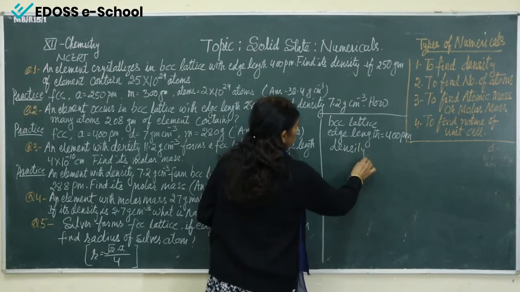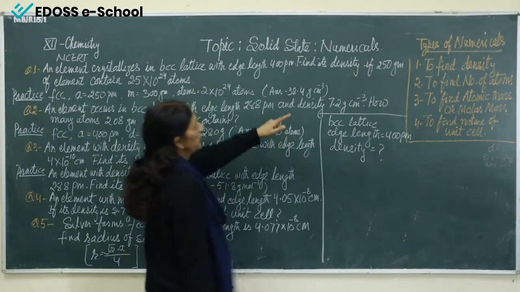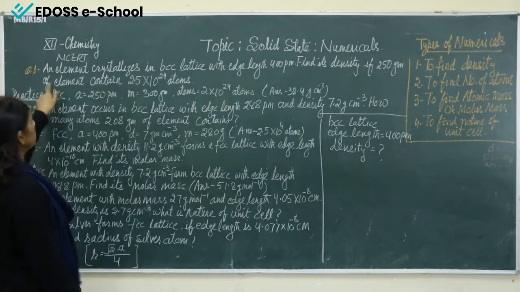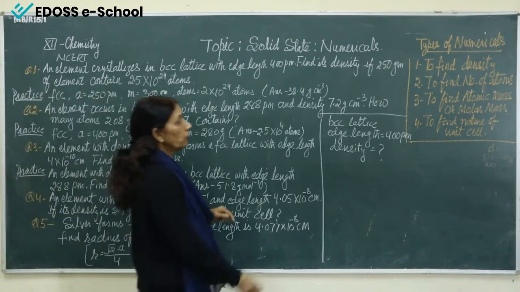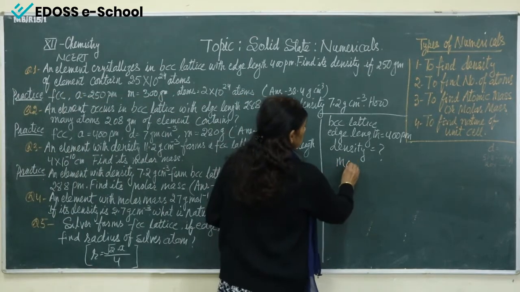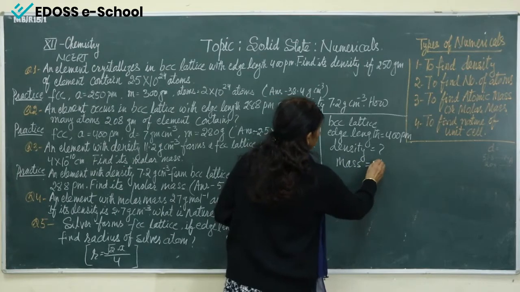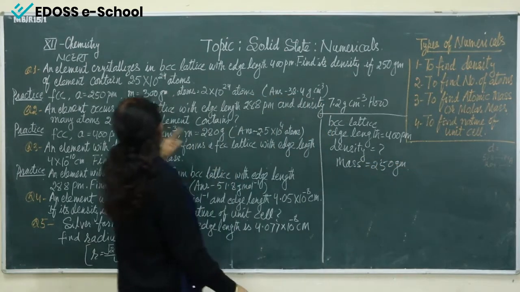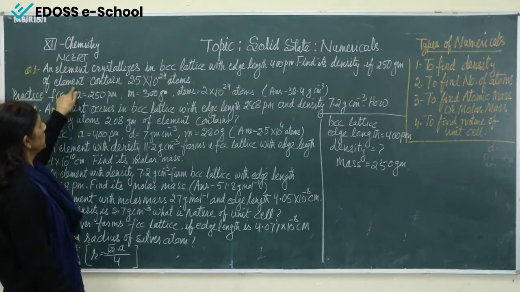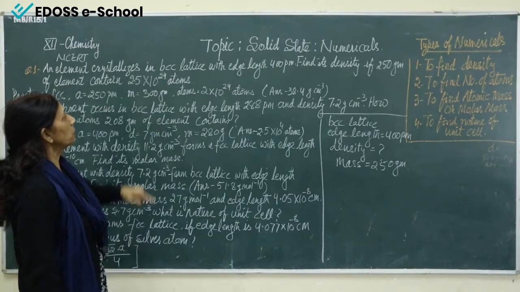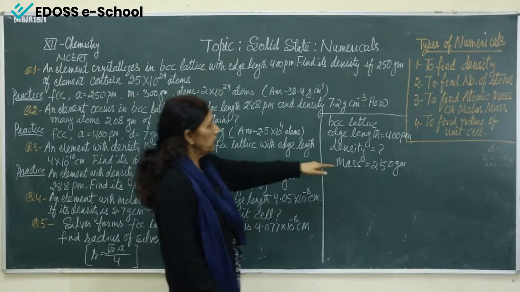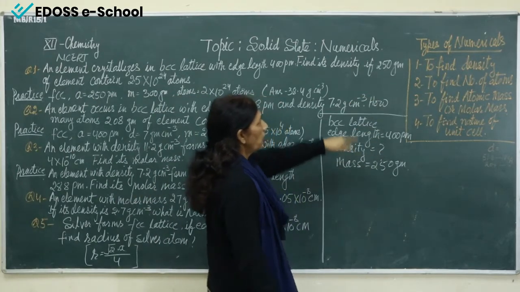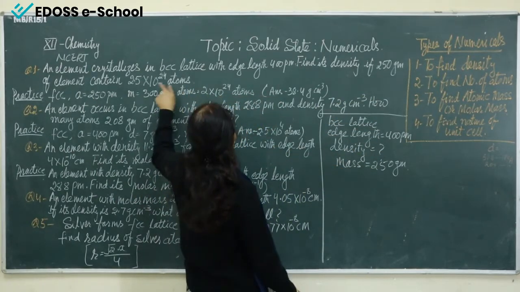I have written here, density we have to find. And 250 gram of element contains, now 250 gram is the mass, and it contains 2.5 into 10 raised to power 24 atoms. That means 250 gram of mass contains this much number of atoms.